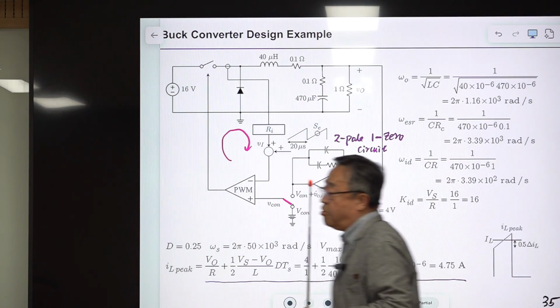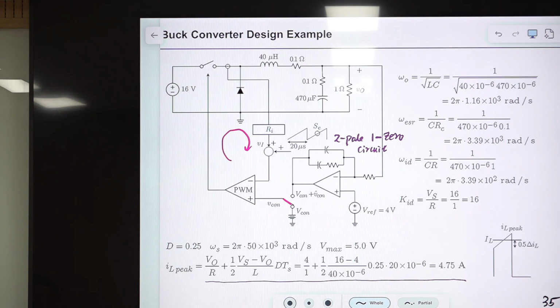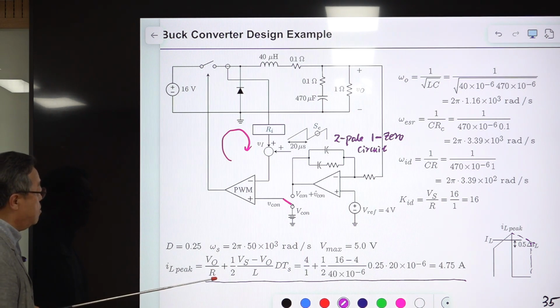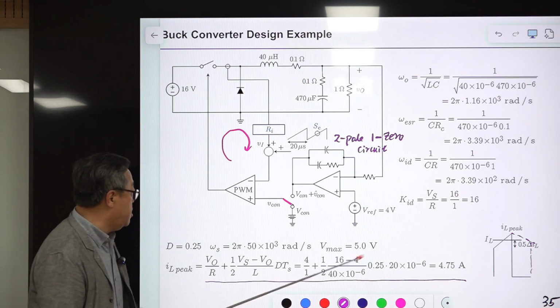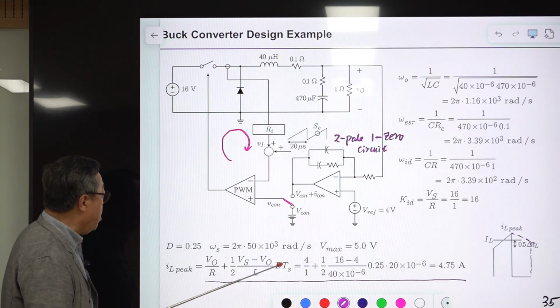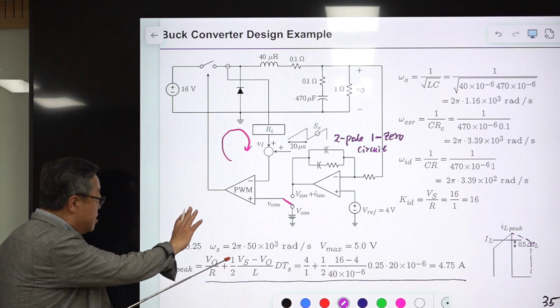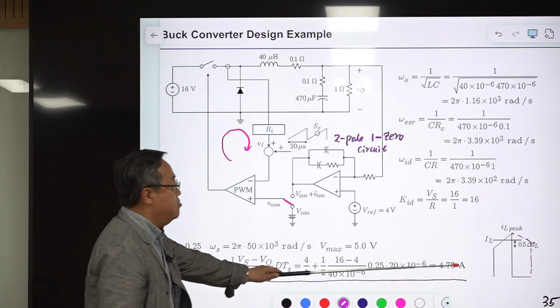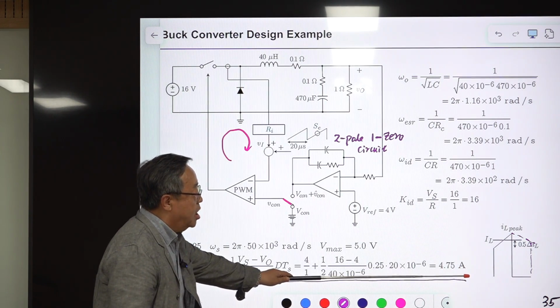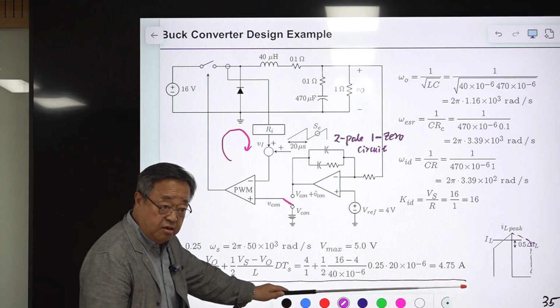Of course, the inductor current will be something like this, but you are using the switch current, so this is the average value. The peak value is 4.75 for this case.